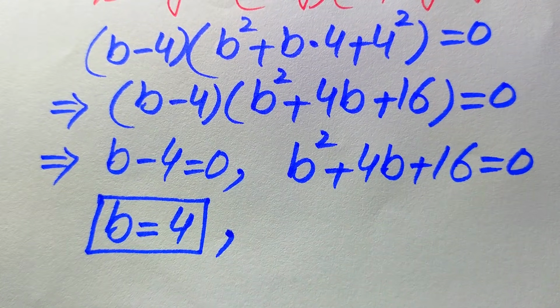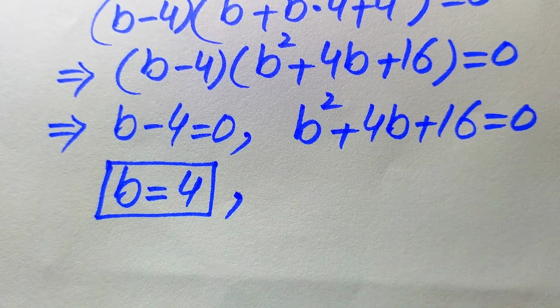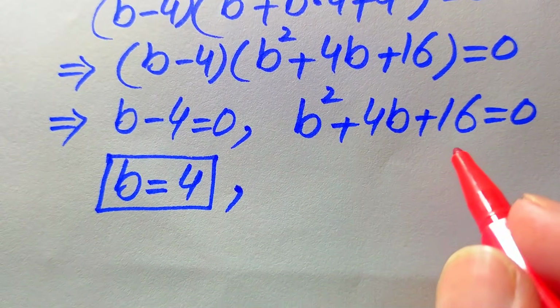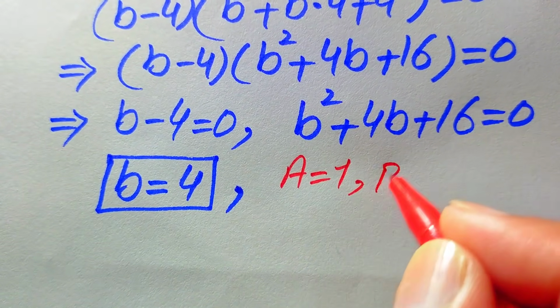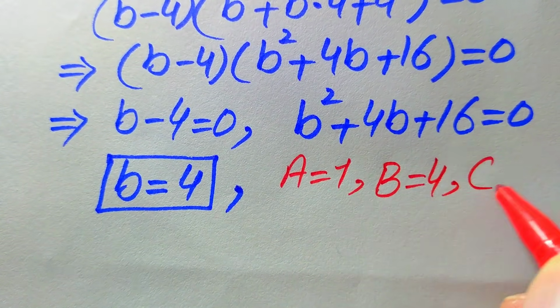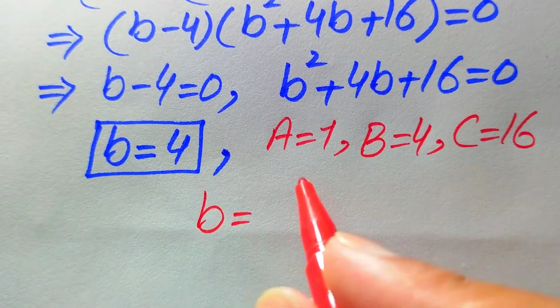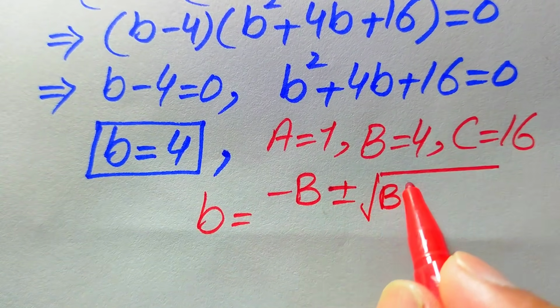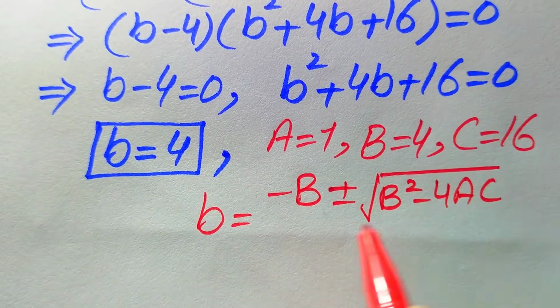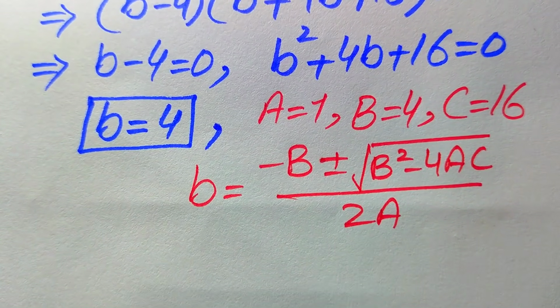And now in order to get the other roots we need to solve this quadratic equation. We solve it by applying the quadratic formula. First we write the coefficients: capital A equals 1, capital B equals 4, and capital C equals 16. We state the quadratic formula as b equals minus B plus minus square root of B square minus 4AC, divided by 2A.